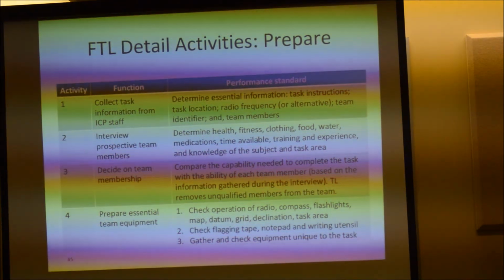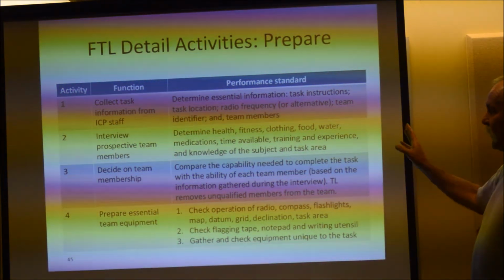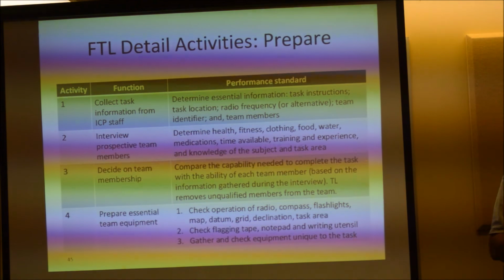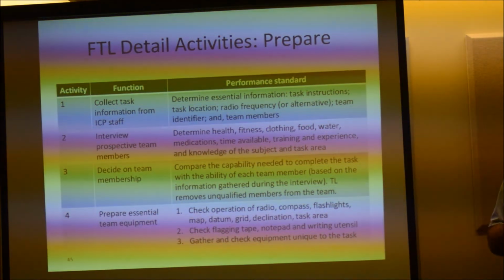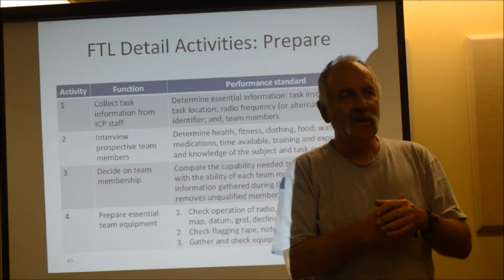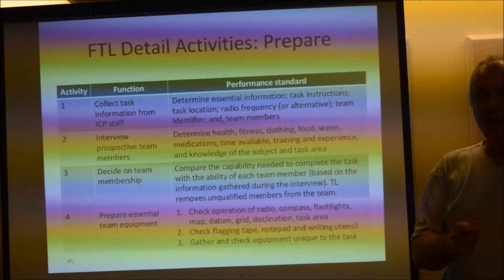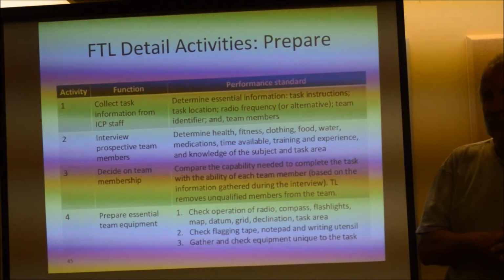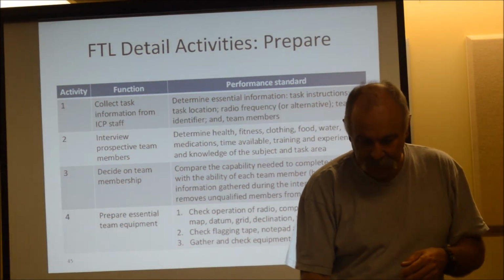I will send you these notes and you can go through this in detail, read all this, understand it. It's fairly straightforward. All this is doing is racking and stacking stuff that you probably already know. It's putting it into a sequence that says you're going to be evaluated on this. We're going to look at you on a 1, 2, 3 scale. I'll go over that in a minute.